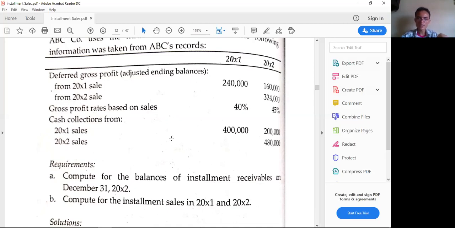And if we divide that DGP beginning by the rates available, we will get the installment accounts receivable at the beginning. I'm just stating that because there might be a question asked about it later on. However, for this one, it's just the ending balance in 20x2.